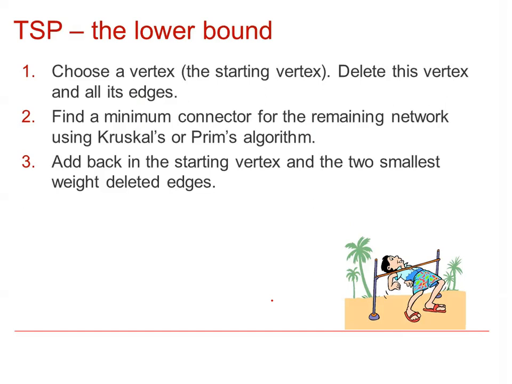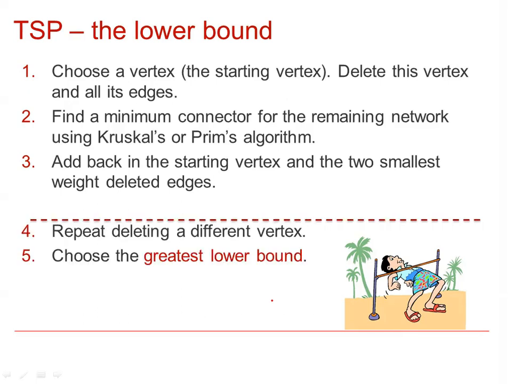Okay, so here's the algorithm for finding the lower bound, which we just did. And what we need to do again is repeat this by deleting a different vertex. So in this network there were 5 vertices. We did it twice, and you'd still need to do it 3 more times unless told otherwise.